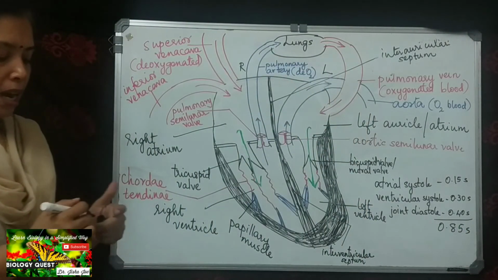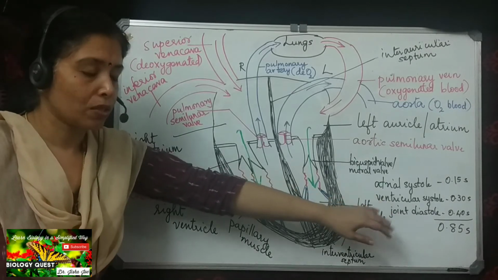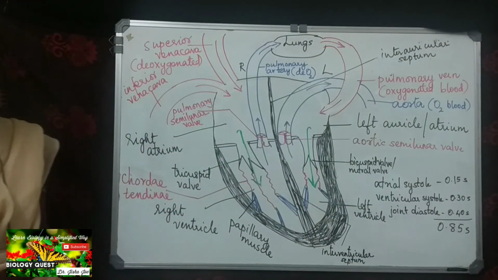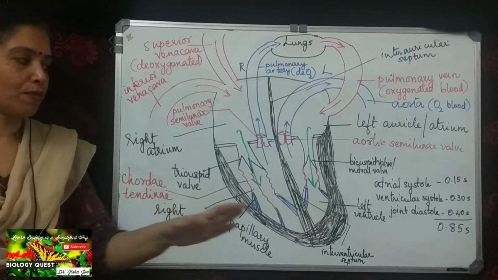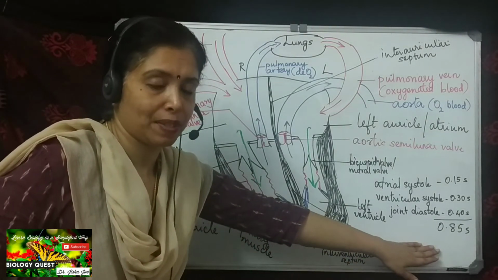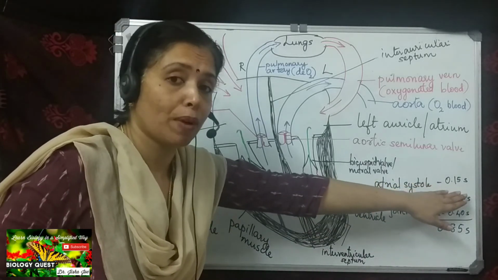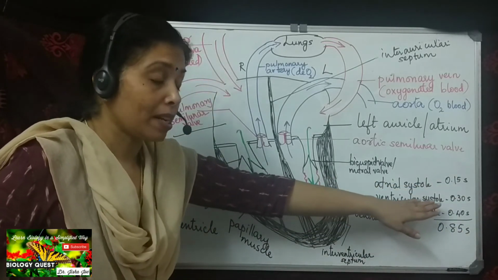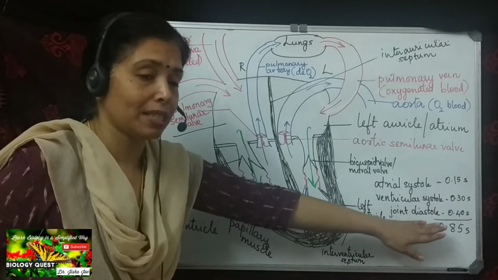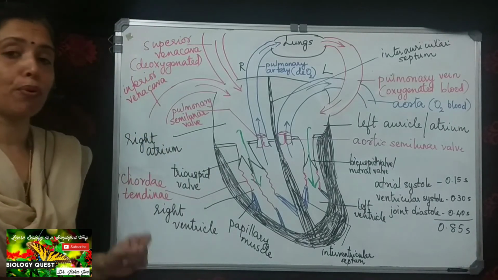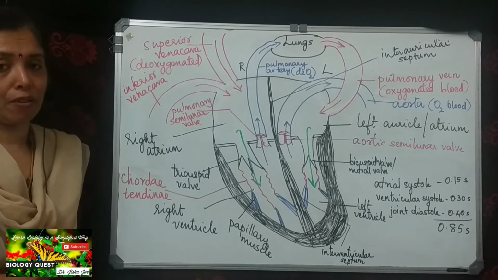A complete heartbeat consists of an atrial systole, a ventricular systole, and a joint diastole. One complete heartbeat lasts for about 0.85 seconds, which includes atrial systole, which lasts for 0.15 seconds, ventricular systole, which lasts for 0.30 seconds, and joint diastole, which occurs for about 0.40 seconds, making a total of 0.85 seconds.